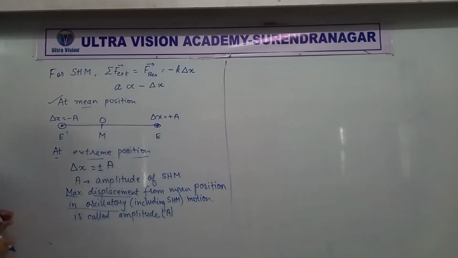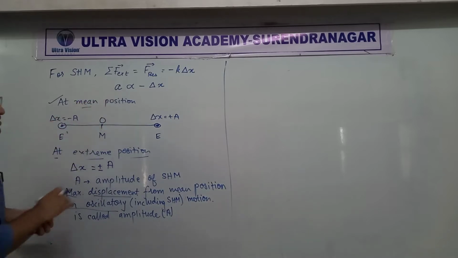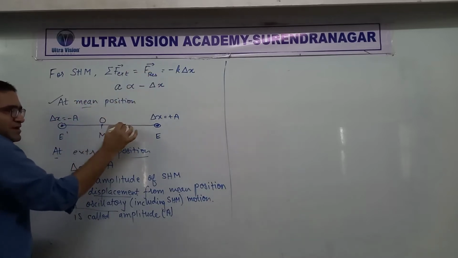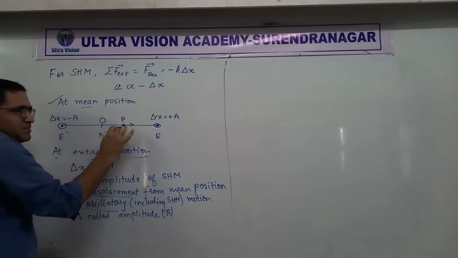Let's write more things about extreme position. This extreme position is once again one of the special positions. Just like mean position has something special going on, at extreme position also something interesting is happening. If you remember, earlier I mentioned that suppose here is the particle P which is moving, going on the right side.